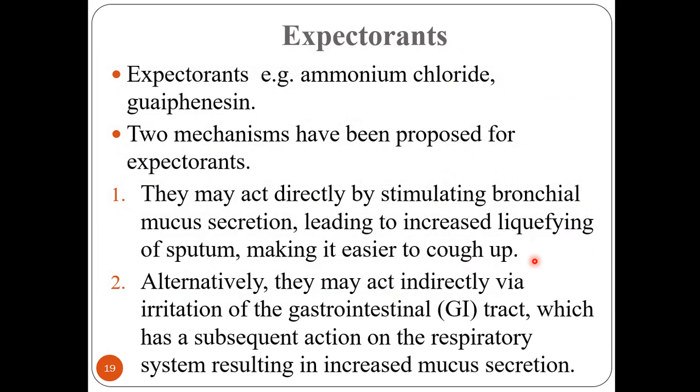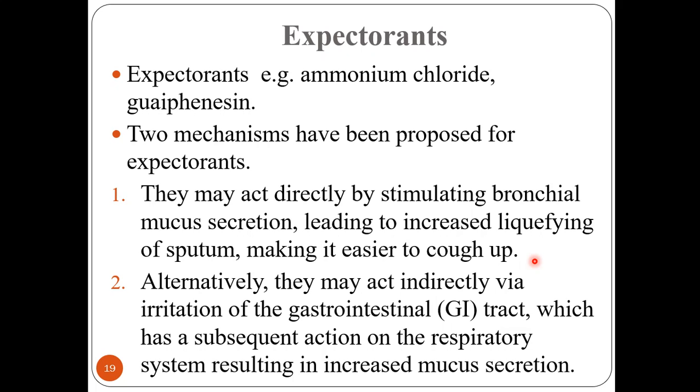There are two mechanisms that have been proposed for their action. The first is that they act directly by stimulating bronchial mucus secretion, leading to increased liquefying of the sputum, making it easier to be coughed up.